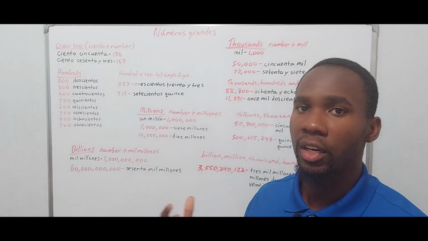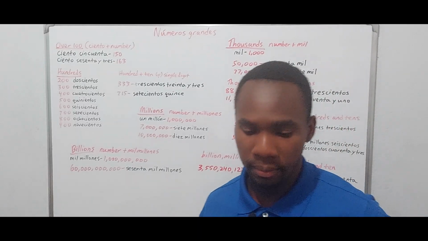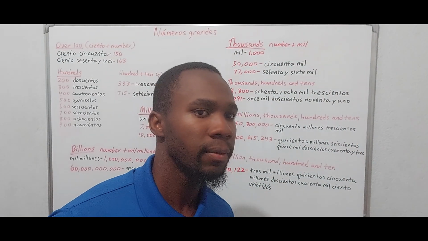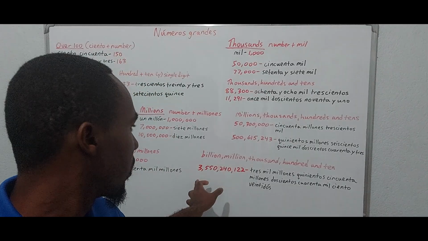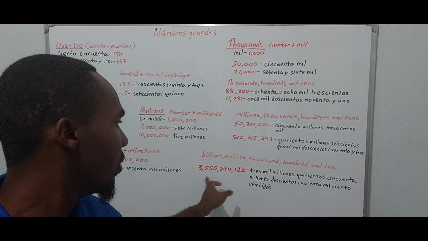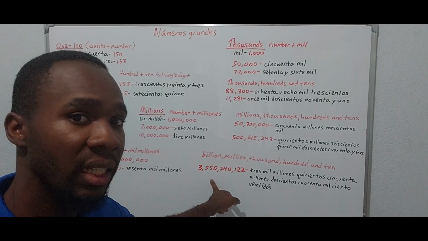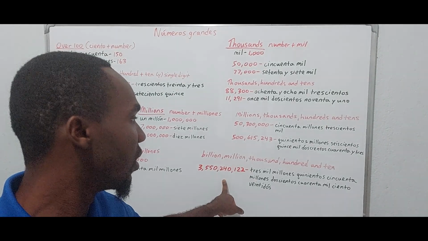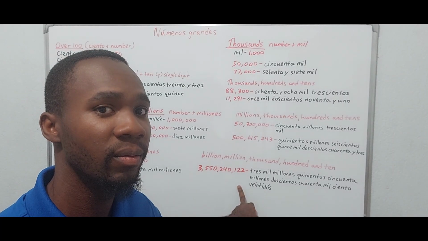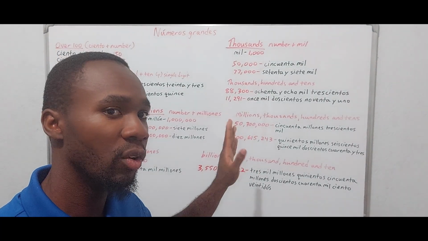But what if we have other units within billion? Let's see. We have 3,550,240,122. You just go from unit to unit.